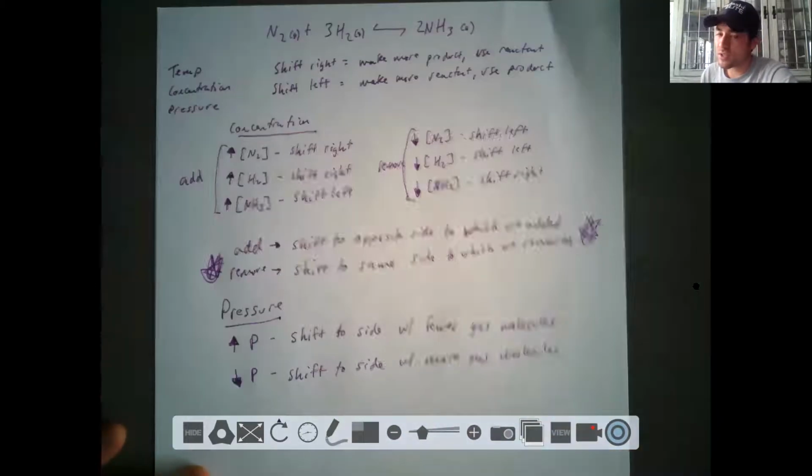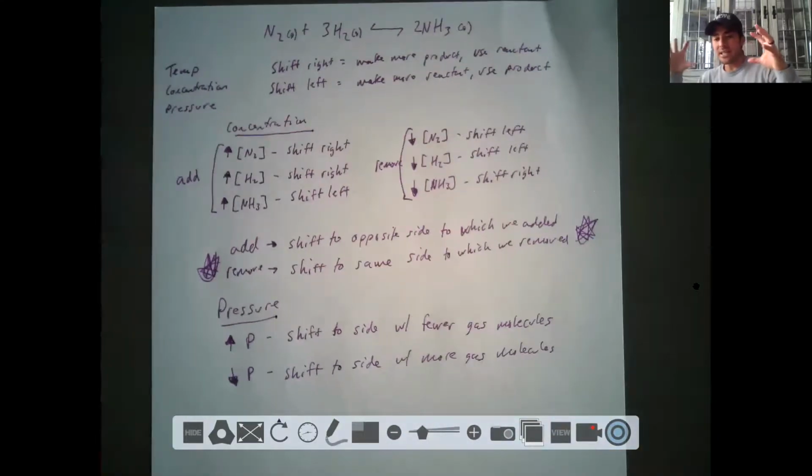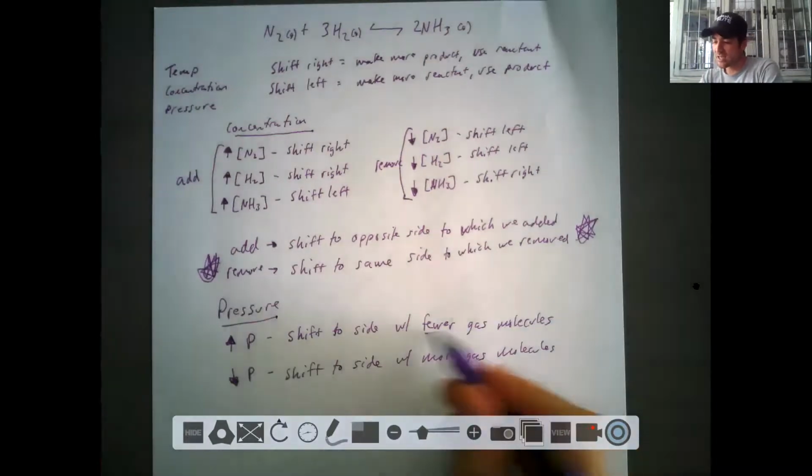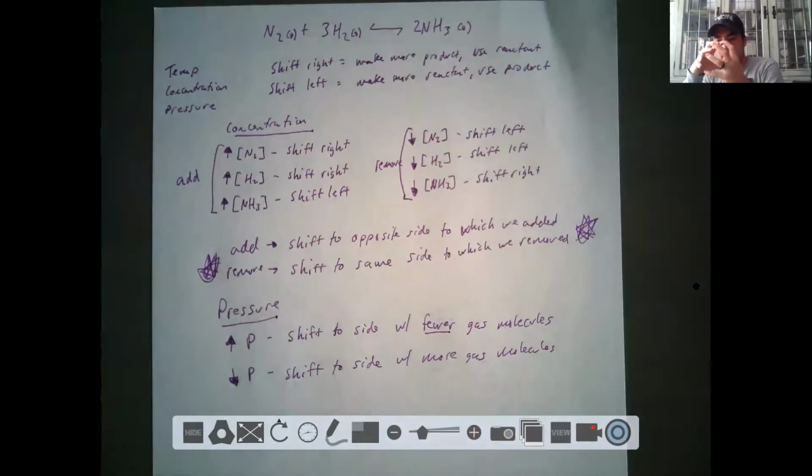So I think of it this way. If I were to increase the pressure, let's say we have a balloon. If I were to increase the pressure on a balloon, we're compressing it, we shrink it down, we make it smaller. If it's getting smaller, that means I have less space to hold a gas. So that's why we shift to the side with fewer, because it's a smaller area, less gas molecules can fit. So we shift to the side with fewer gas molecules.